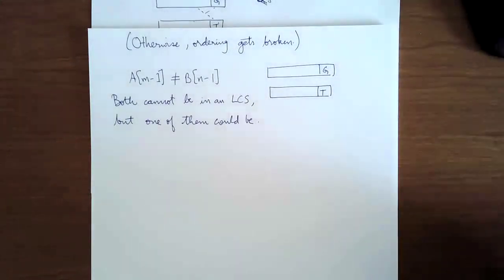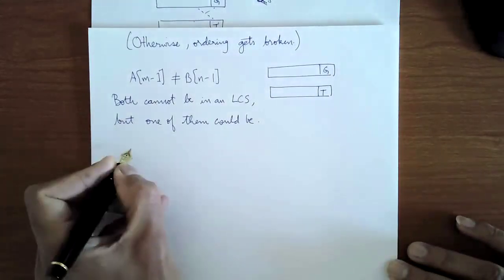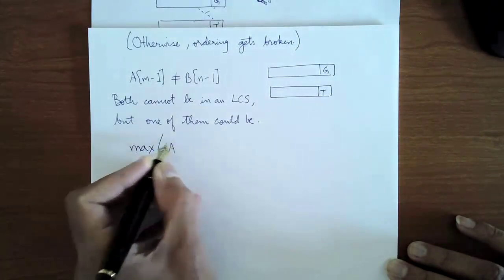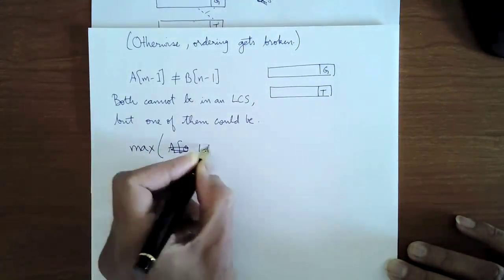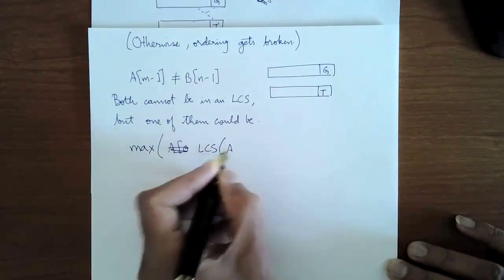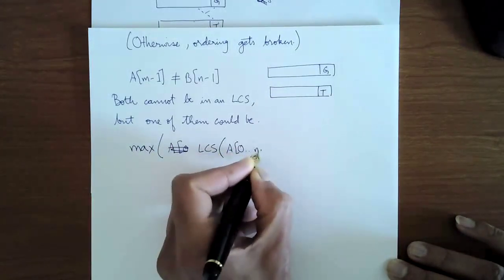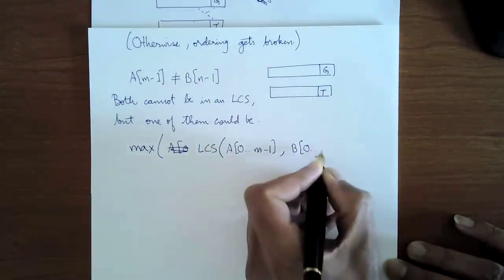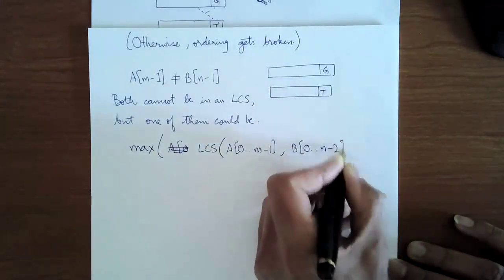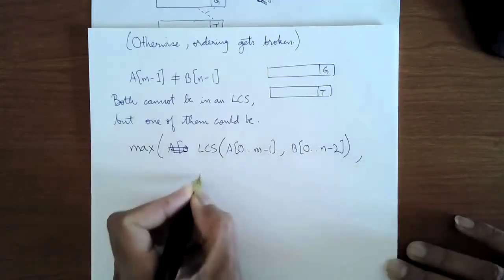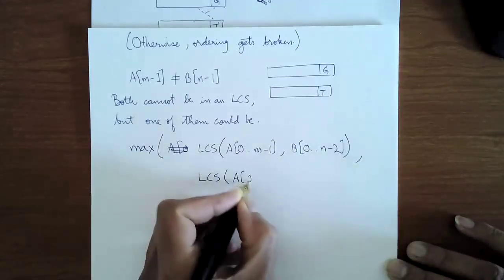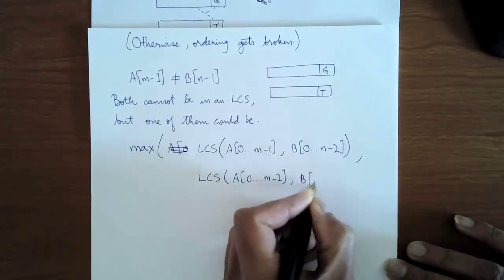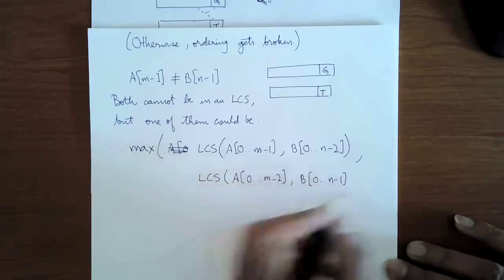So you take the maximum of the LCS of A up to m minus 1, which is everything, and B going to n minus 2, and the LCS of A going to m minus 2, B going to n minus 1.